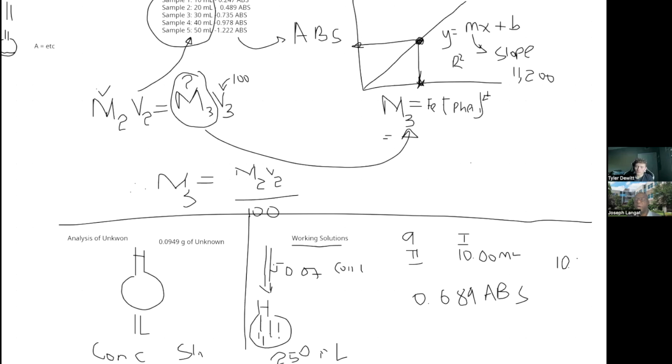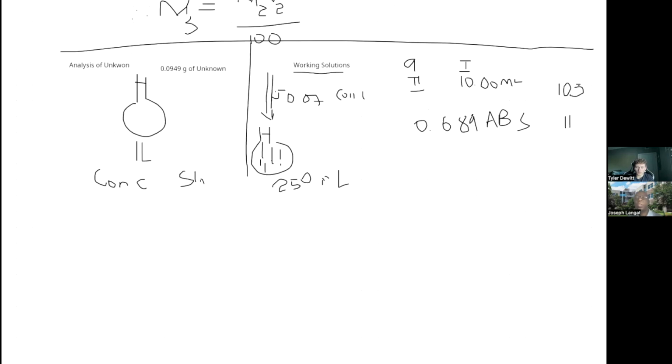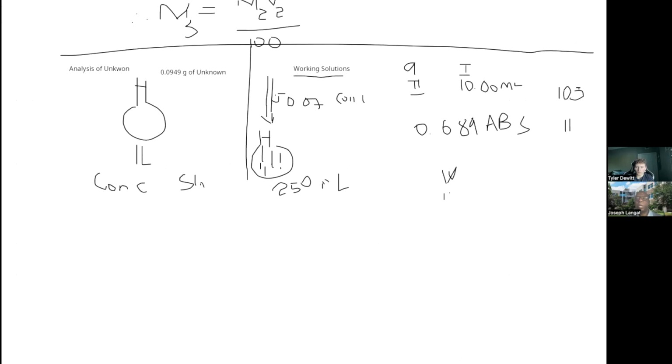This is 10.5, and it's going to be my sample number 3 here. And then here is sample number 4. I can make it 11 ml of my unknown. You see what I'm doing, right?